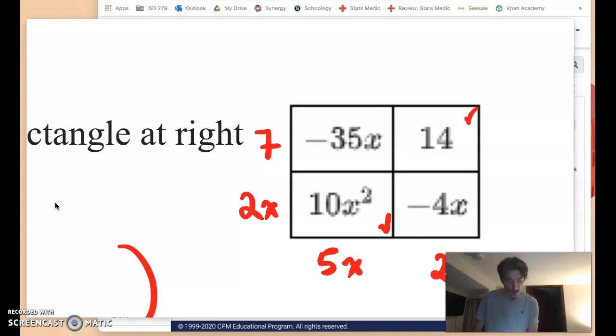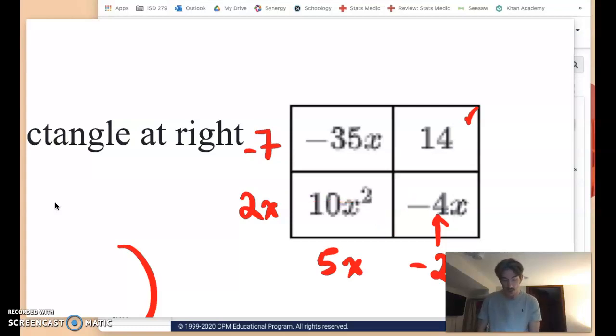And recall from some integer arithmetic that a negative times a negative is, in fact, a positive. And look what this does. This means that 5x times negative 7 does give me negative 35. So that's working. All right, and that negative 2 times 2x gives me negative 4x. That's working.